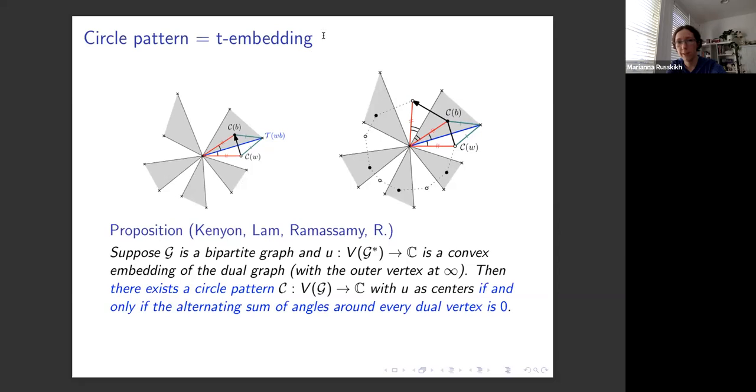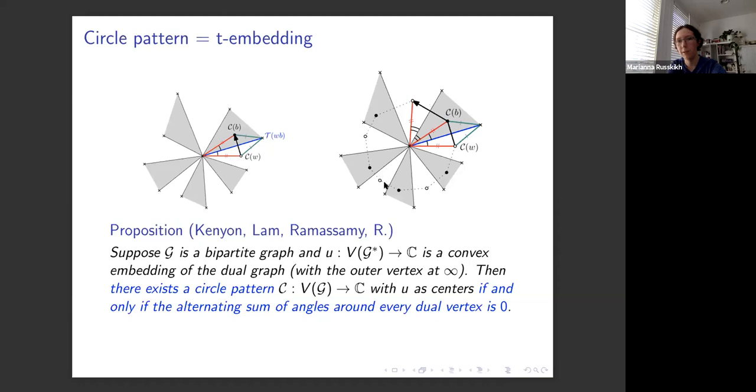Now, starting from the t-embedding, let us construct a circle pattern realization. Choose any point on the plane that corresponds to a white face and reflect it with respect to the dual edge to get the position of the corresponding black face. Now, since the t-embedding satisfies the angle condition, this procedure is consistent, right?